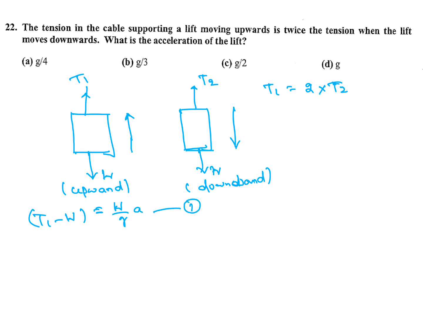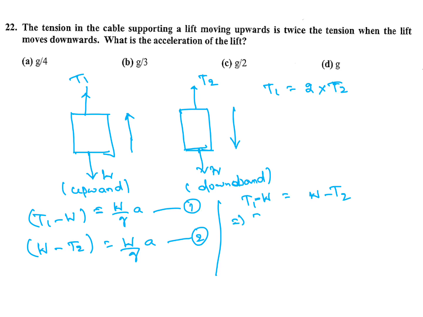In second case, W minus T2 is W by g into a, F equal to ma. Equation 2. From equation 1 and 2, we will get T1 minus W equal to W minus T2. So T1 plus T2 is 2W.